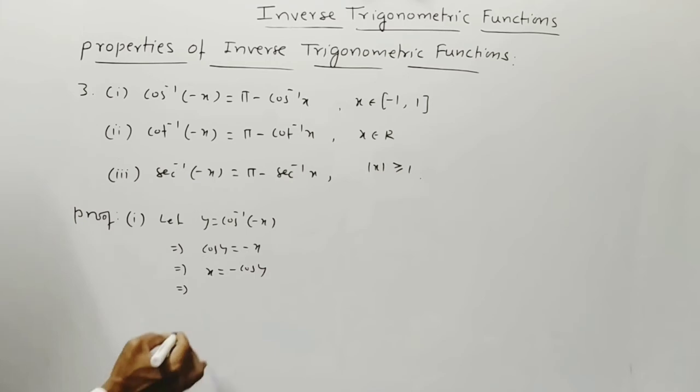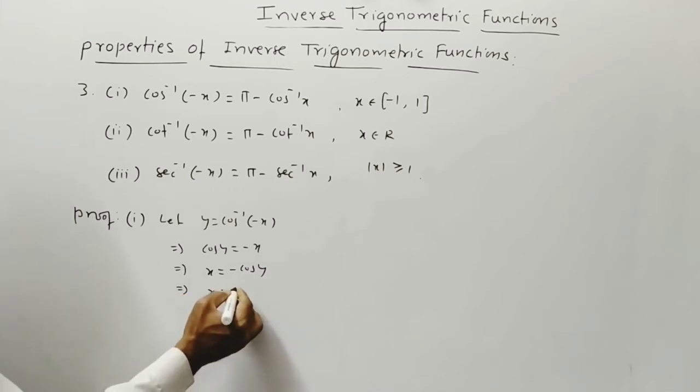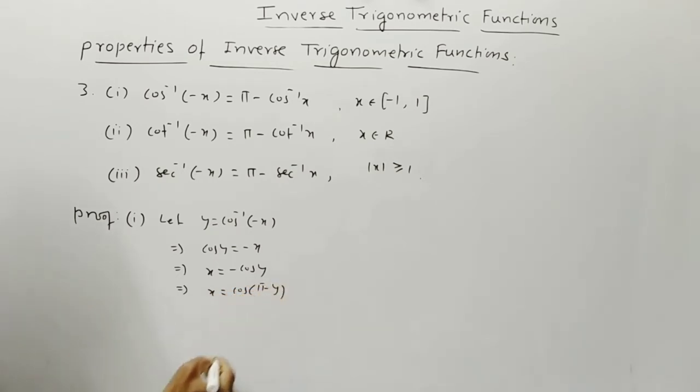This implies x is equal to cos of pi minus y. As we know, cos of pi minus y in the second quadrant is minus cos y.